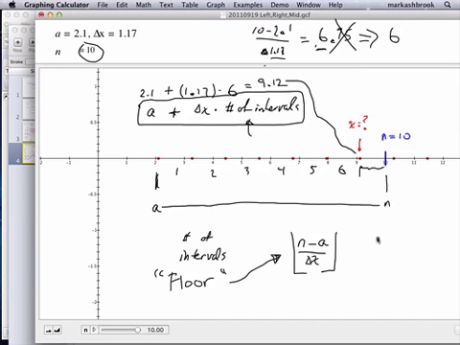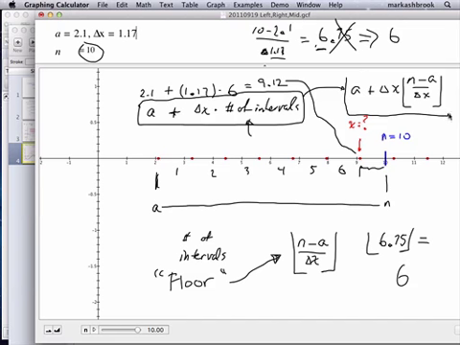When you put 6.75 into the floor function, it returns 6. So then what does our formula become? A plus delta x times the number of intervals, which is our floor function of n minus a over delta x. That will give us the x value of the left side of the interval that we're in.